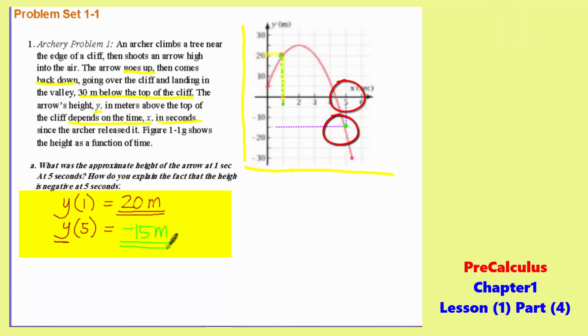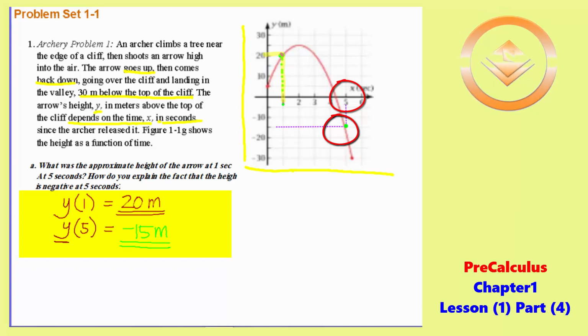How do you explain the fact that the height is negative at 5 seconds? Going to the realistic sense, note that you are up on a tree, somewhere upper from the ground, and then you shoot an arrow high into the air. The arrow will go up and then go to a certain valley.